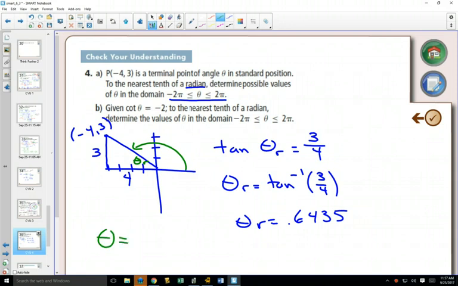Well, if this was degrees, and let's say our reference angle was 30 degrees, how would you figure out what that green angle would be? 180 minus 30. It's the same thing here, but what are we going to use instead of 180? We're going to use pi. So this angle will be pi minus our reference angle.